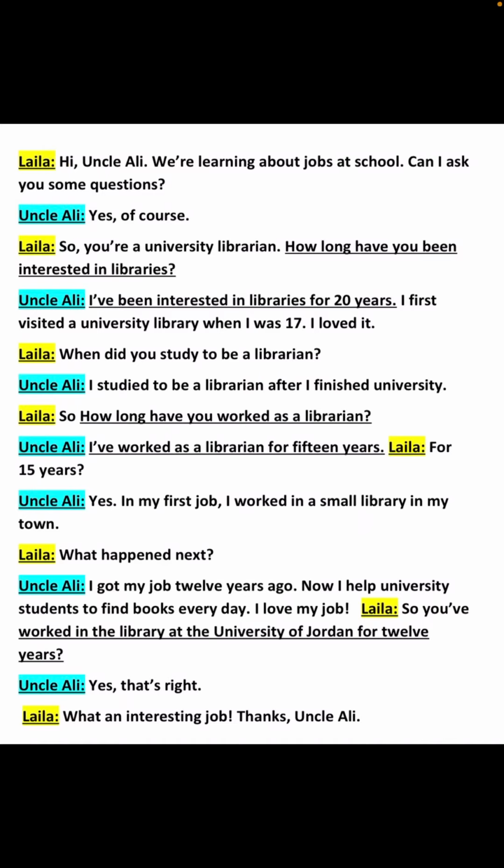Uncle Ali: I got my job 12 years ago. Now I help university students to find books every day. I love my job. Layla: So you have worked in the library at the University of Jordan for 12 years. Uncle Ali: Yes, that's right. Layla: What an interesting job. Thanks, Uncle Ali.